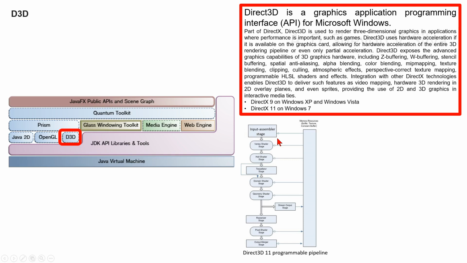The vertex shader stage. The vertex shader, VS, stage processes vertices from the input assembler, performing per vertex operations such as transformations, skinning, morphing, and per vertex lighting.